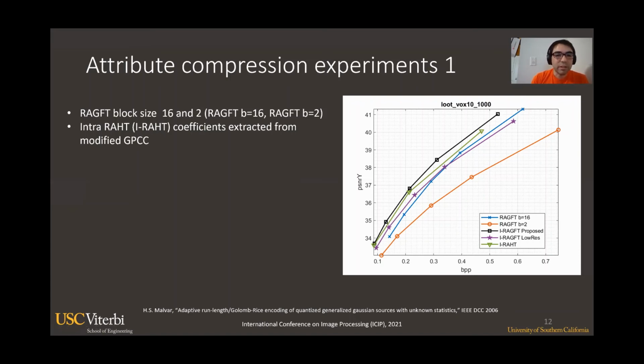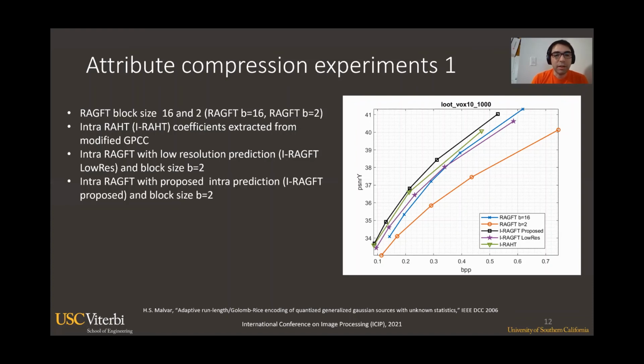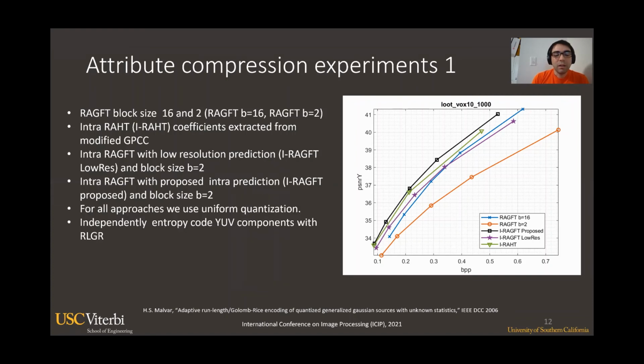We also implement a prediction method for the RAGFT that is similar to what is done for RAT based on the low resolution point cloud. We also implement the proposed intra-prediction method. And for all these methods, we use uniform quantization and independently entropy code them. On the right, you can see results for one frame of the LUT sequence.